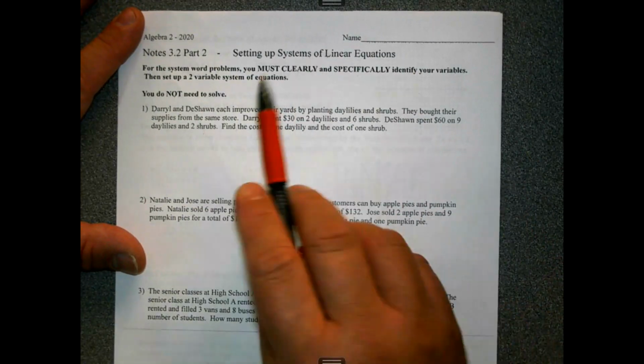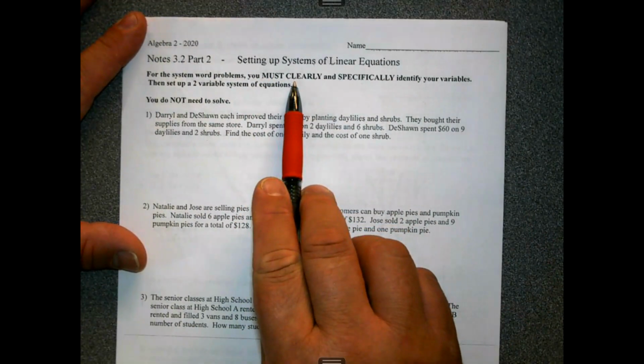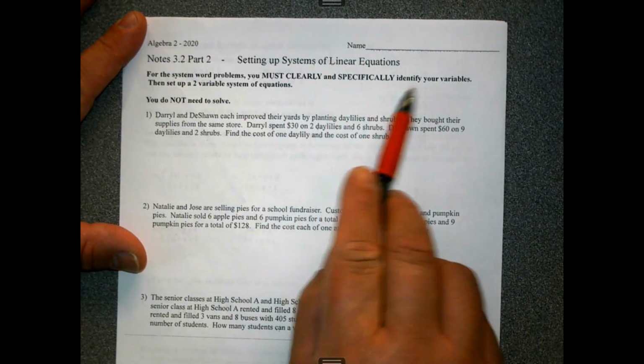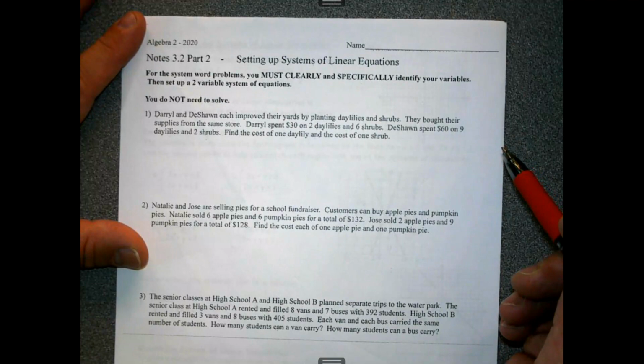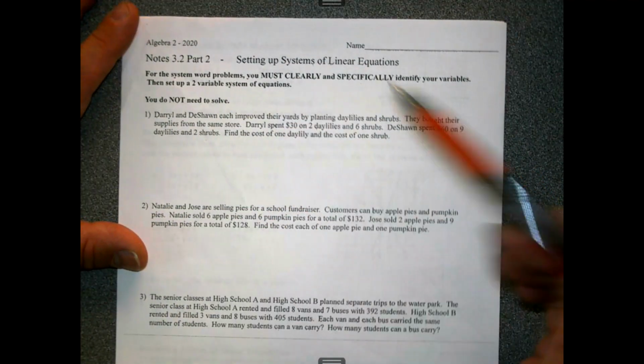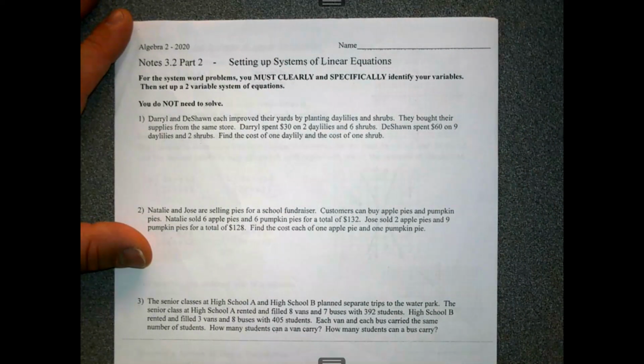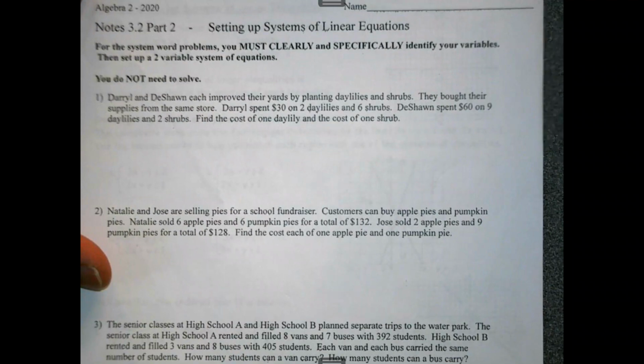Okay, now the directions say you must clearly and specifically identify your variables and then set up the two variable systems of equations. All right, so we have daylilies and we have shrubs.